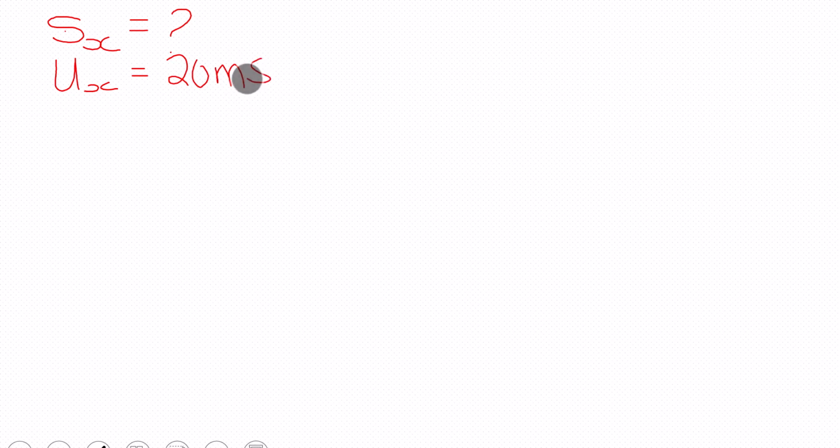So let me start with x. For x, we shall have displacement s in the x direction, which we do not know. We shall have initial velocity u in the x direction, which I can call 20 meters per second because that's what they gave us.